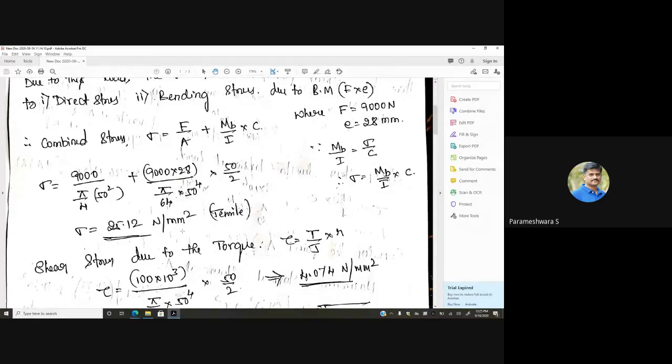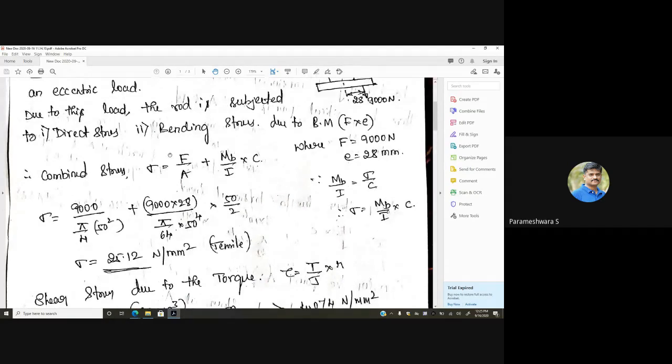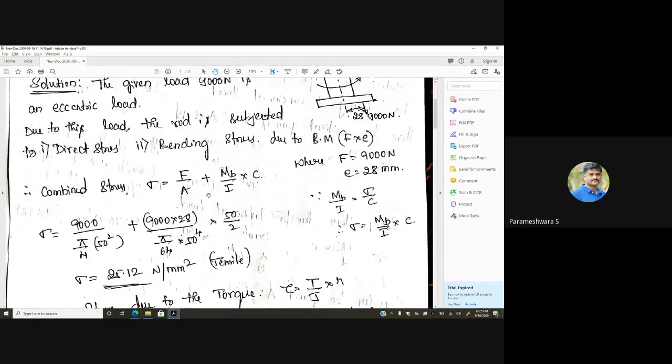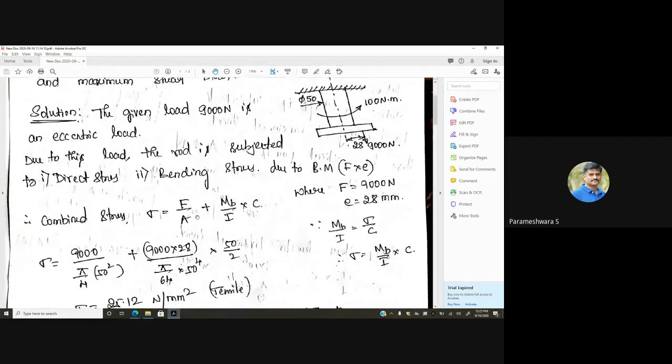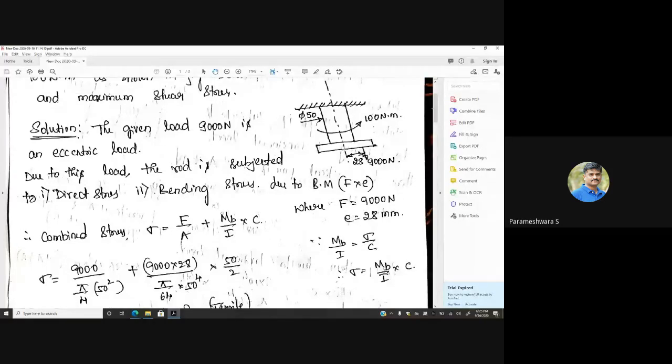That is tensile in nature. If this value is negative, it indicates the normal stress induced is compressive. Whereas in the previous problem, we have not calculated this bending stress. We have not added this bending stress with the direct stress. Why? Because the load was acting along the axis, it would not create any bending moment at all.